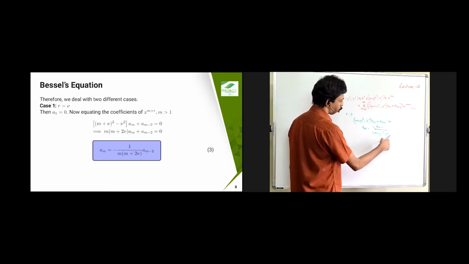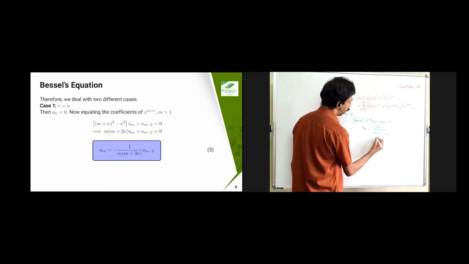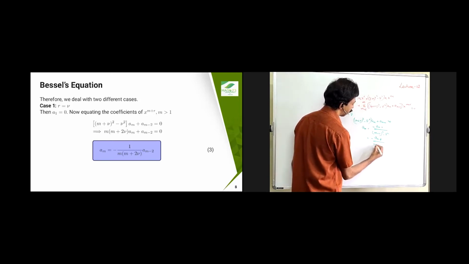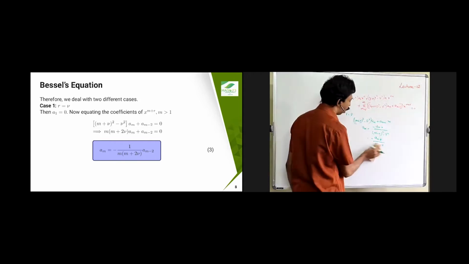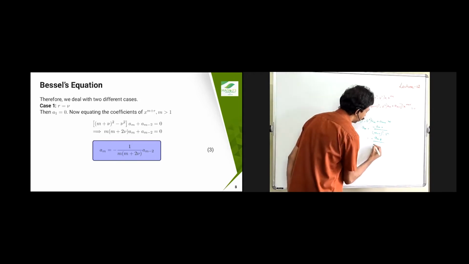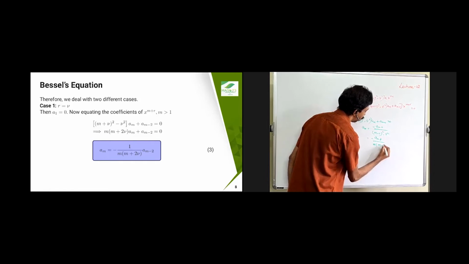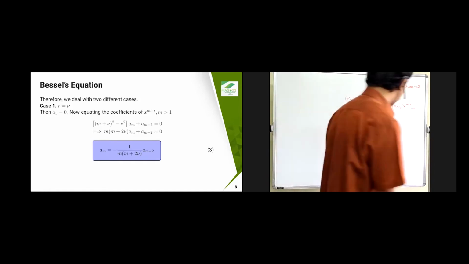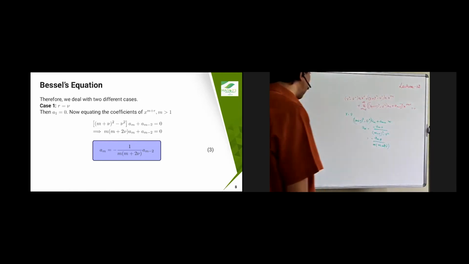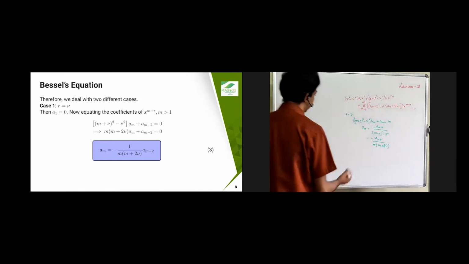Nu square will get cancelled, so we are going to get minus am minus 2 divided by m square plus 2m nu. I can simplify this further by taking m out, so that is m into (m plus 2 nu). That is nothing but my am. So I found the recurrence relation.